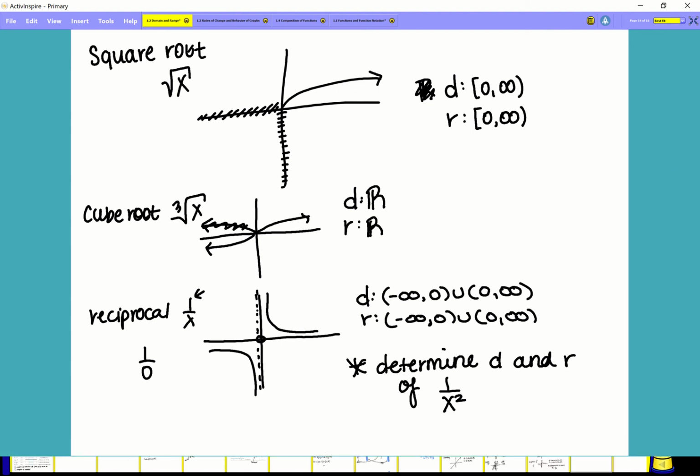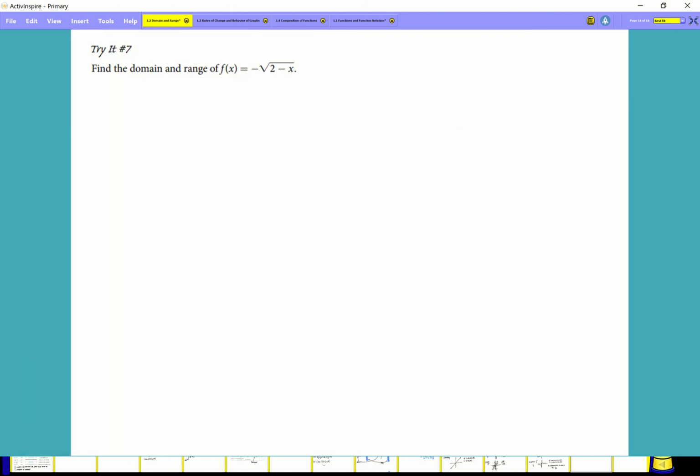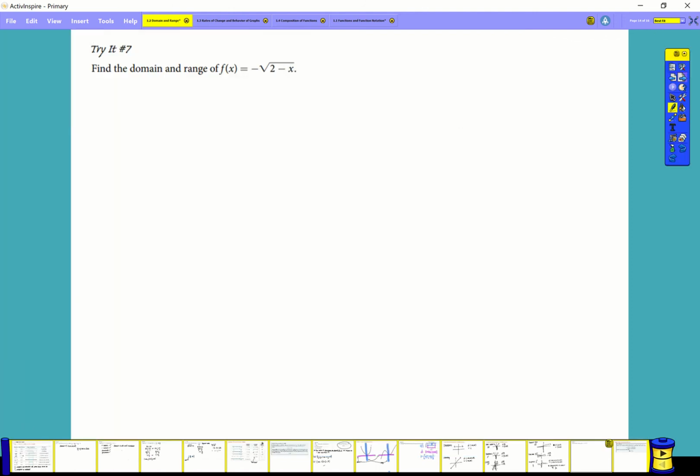All right, so now we're going to apply what we just did. So find the domain and range of negative square root of 2 minus x. So the domain and range. Well, we can start plotting points.